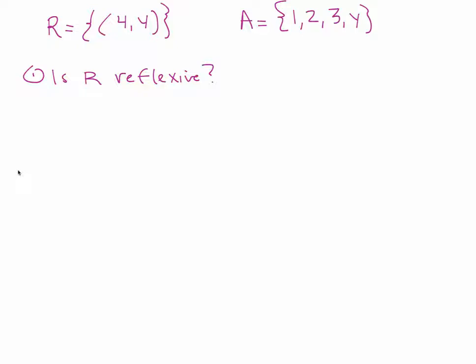Why do you say no? Good. So in order to be reflexive, it would have to contain 1, 1, 2, 2, 3, 3, and 4, 4.